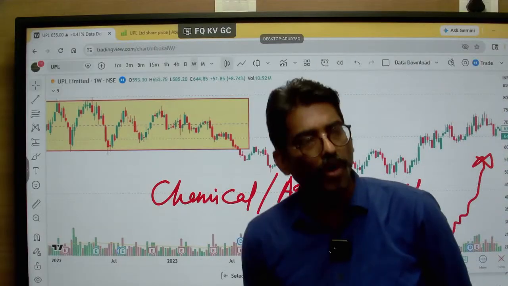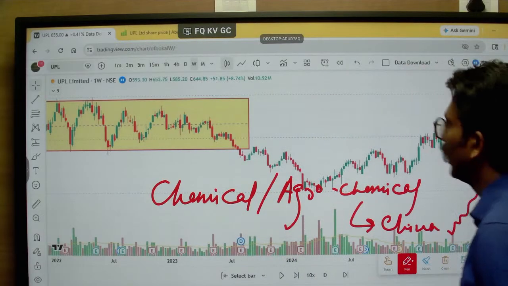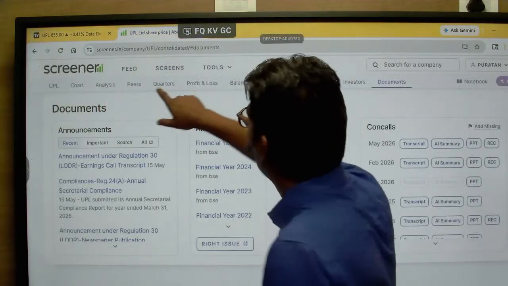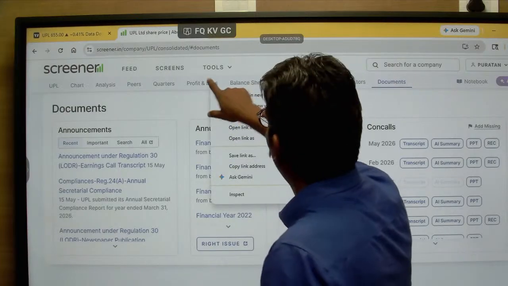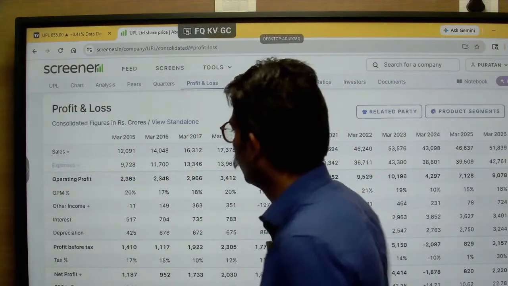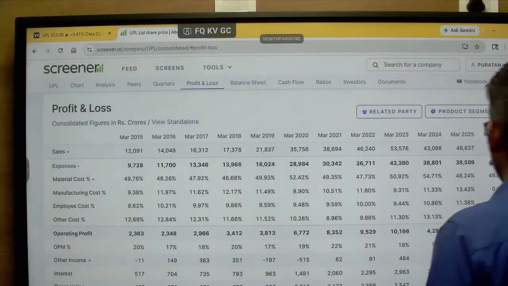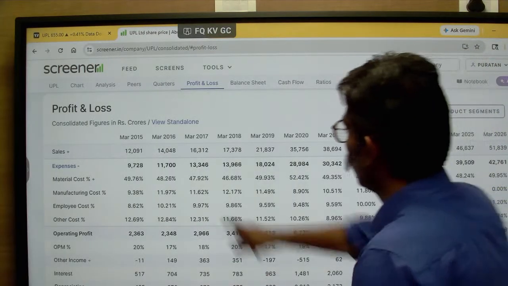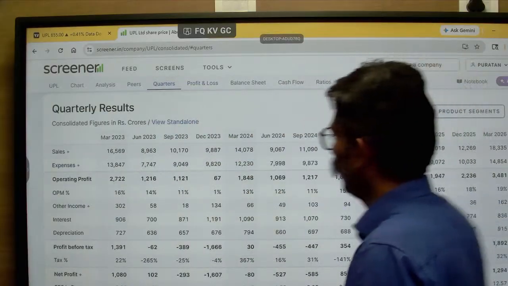It's a raw material issue, which you can go and investigate. I'm not sure whether you will be able to find out now, but you can always go and check if raw material is an issue in the quarterly statements.